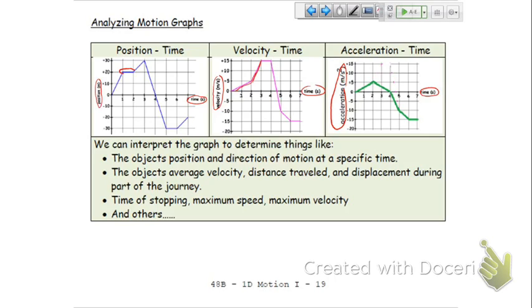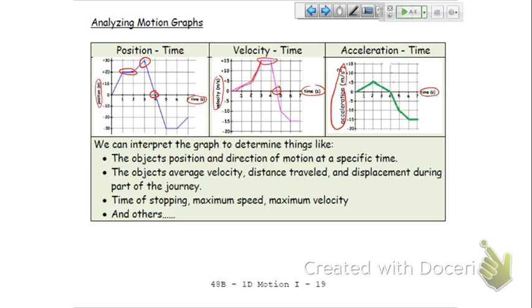That means stopping. Stationary means you stood still. That means you're traveling at a constant velocity. Completely different interpretation. That means you turned around.